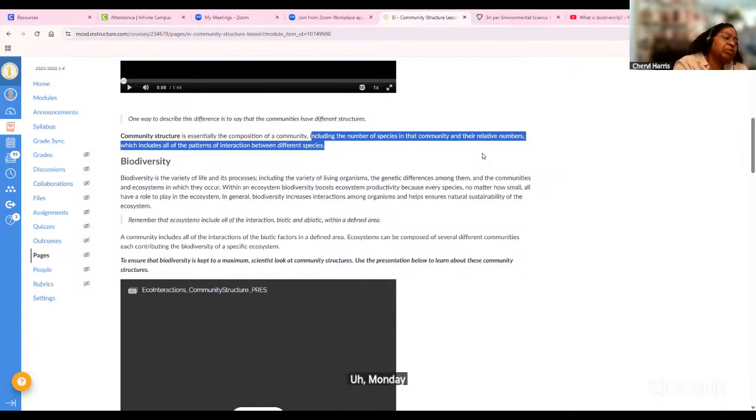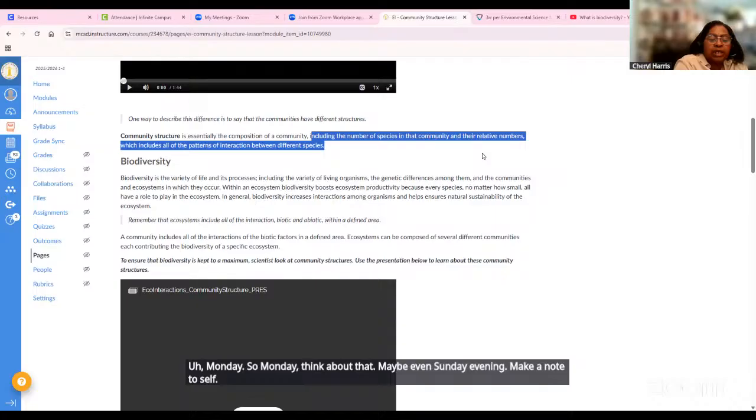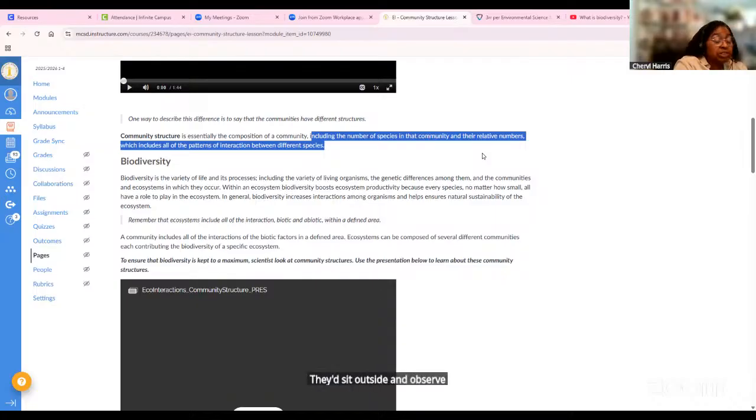So Monday, think about that. So, maybe even Sunday evening, make a note to self to sit outside and observe nature. Spend a moment in your ecosystem and write down at least 6 other organisms that exist in your community.